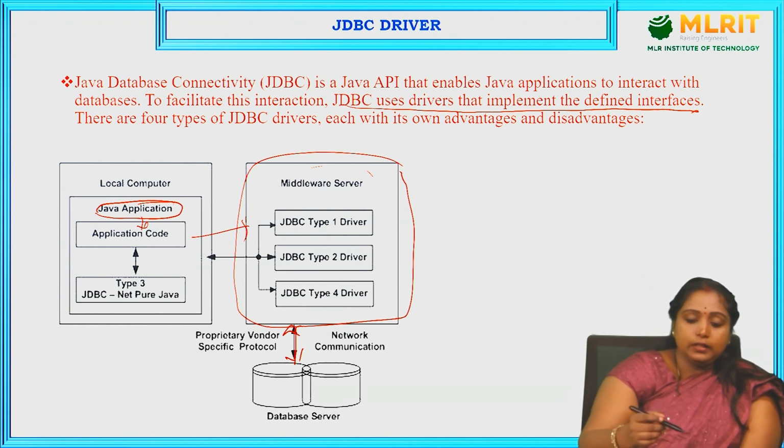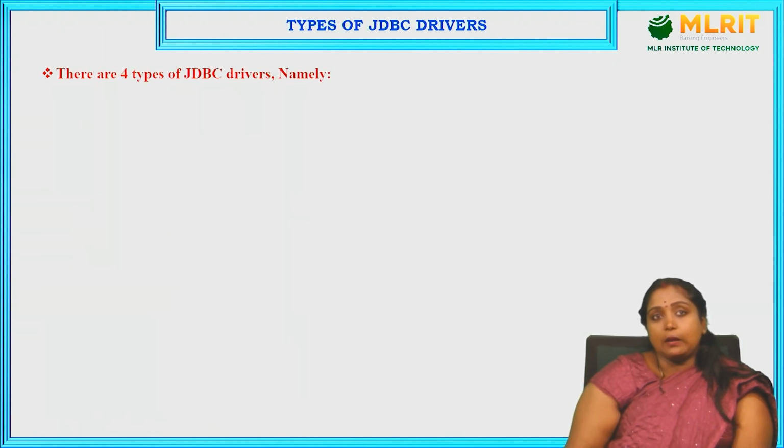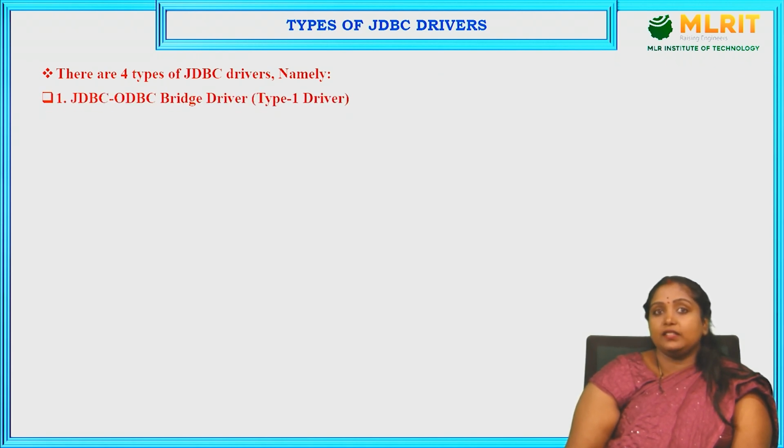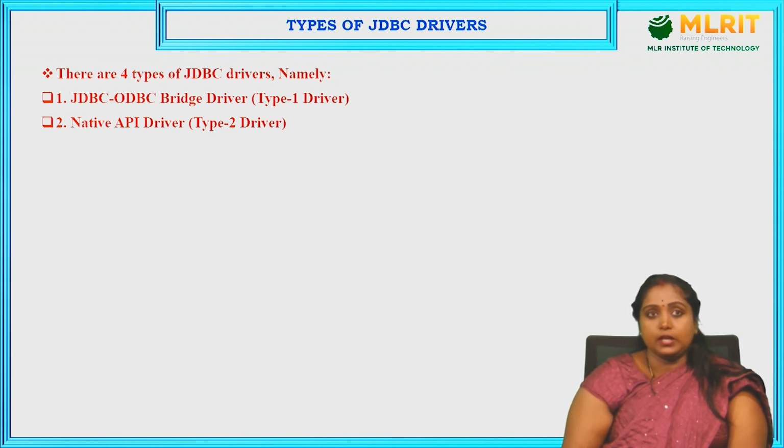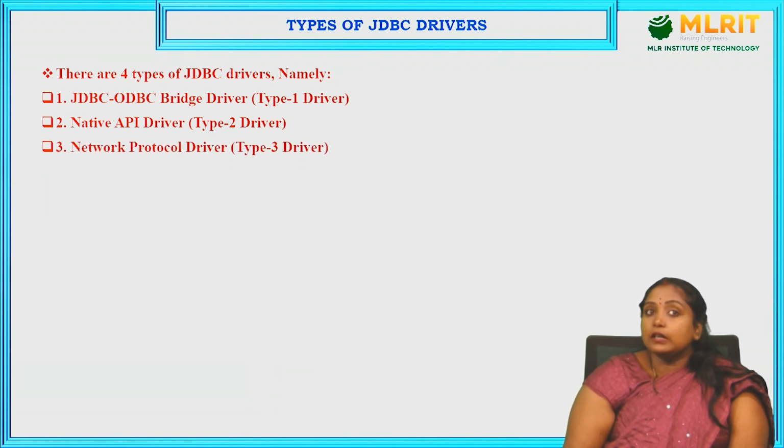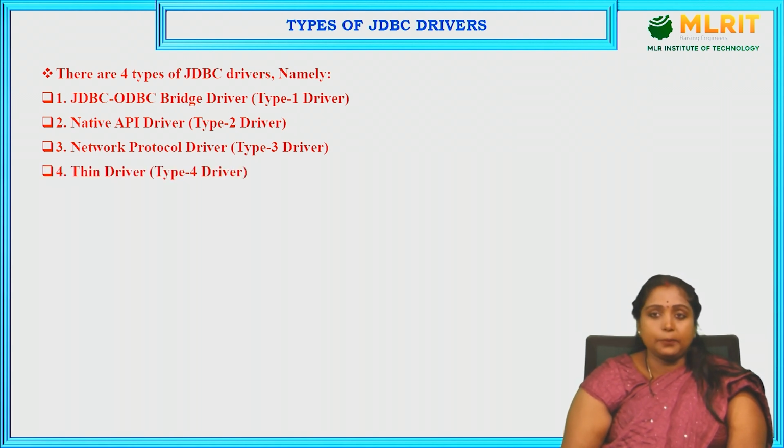Coming to the types of JDBC drivers, there are 4 types. The first one is the JDBC ODBC driver, which we call type 1 drivers. The second is native API drivers, which we call type 2 drivers. The third type is network protocol drivers, type 3 drivers, and the fourth one is thin drivers, type 4 drivers.